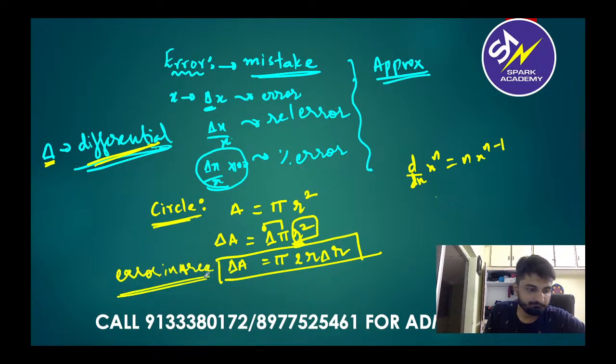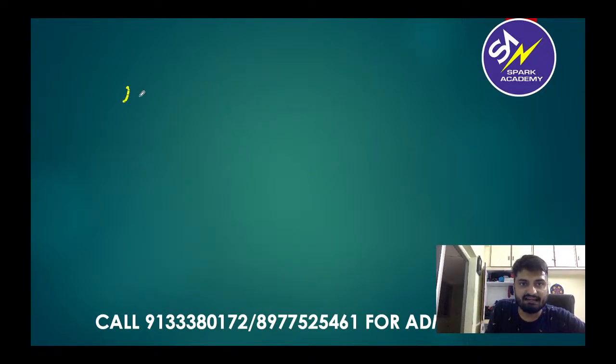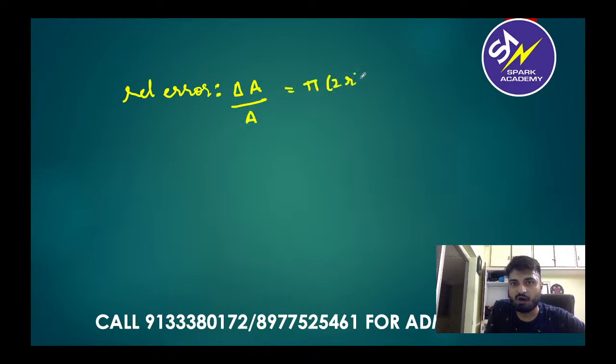Right? Now if you want to find out the relative error, what is the relative error? I told you, delta of that variable by the original variable. What is delta A? Pi into 2r delta r. And what is area? Area is nothing but pi r square.